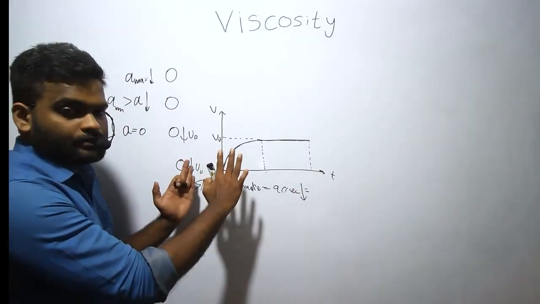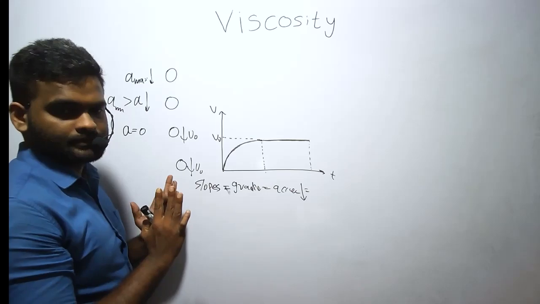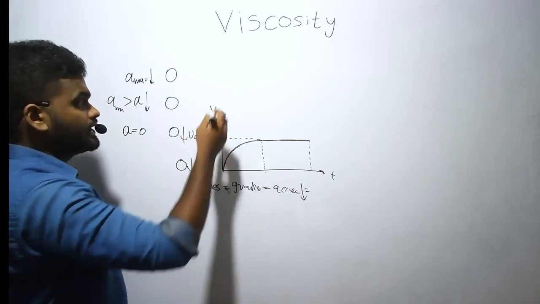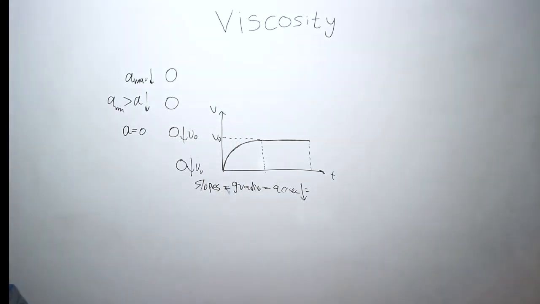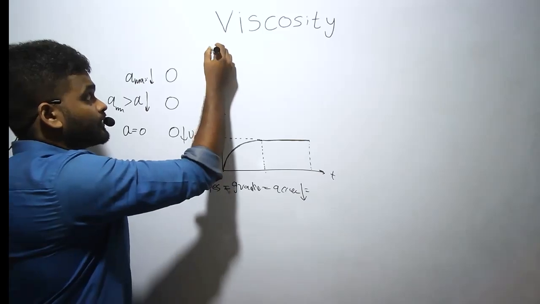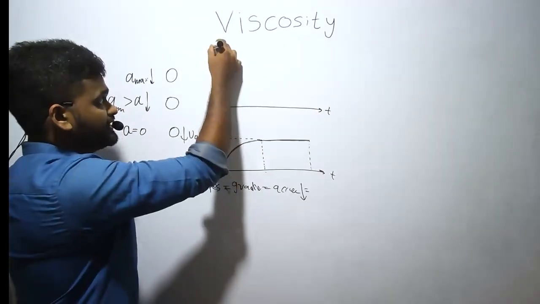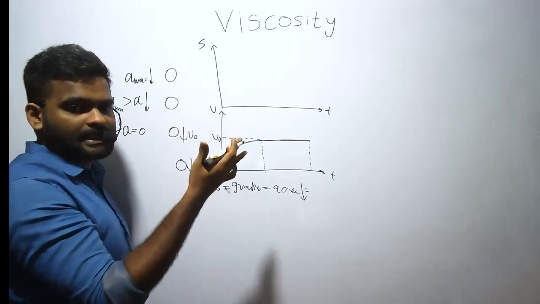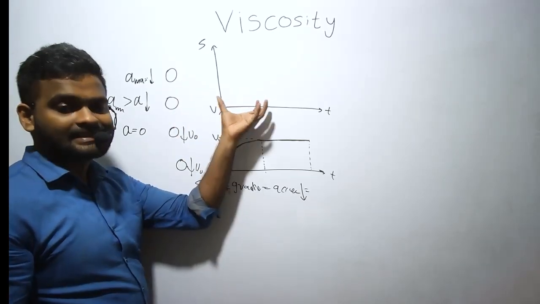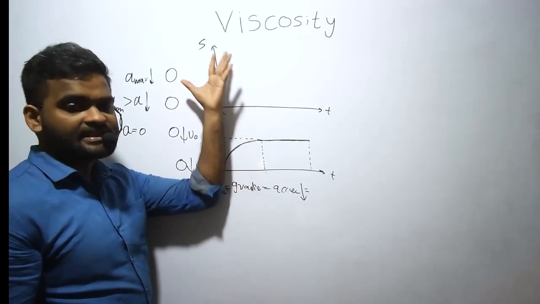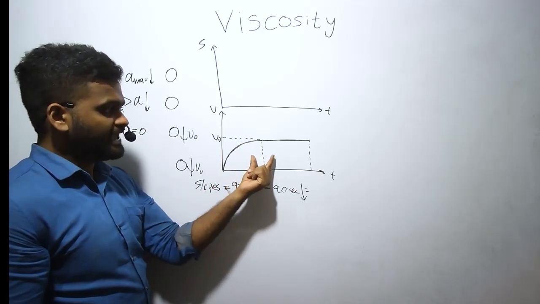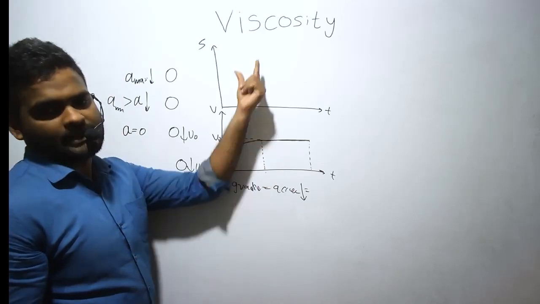So now we draw the VT graph. Okay. So this is very important. Then you need to draw the ST graph. So it is somewhat complicated to think about acceleration using a ST graph, right? So based on this, I'll convert this into a ST graph.